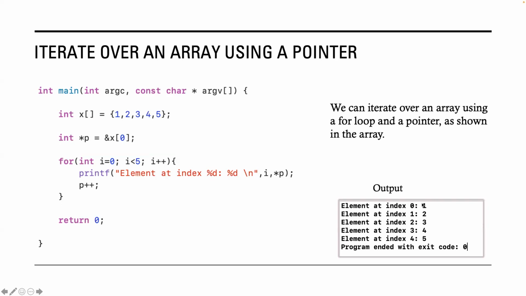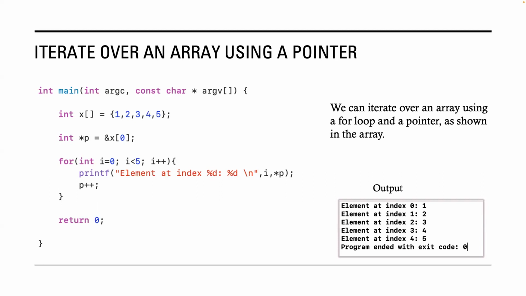So that means initially it is the first element of the array, and then if I operate P++, it will go to the other one. So likewise, I get all the values of the elements in this array. If I run this code, I get 1, 2, 3, 4, 5.